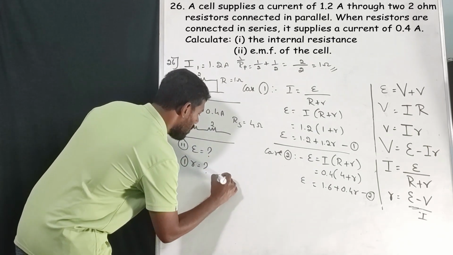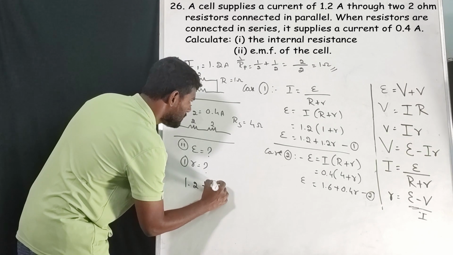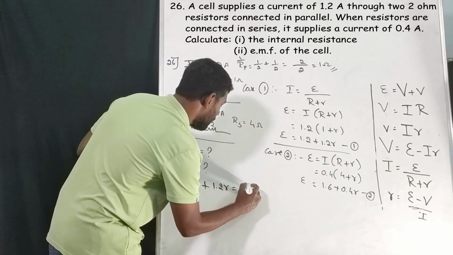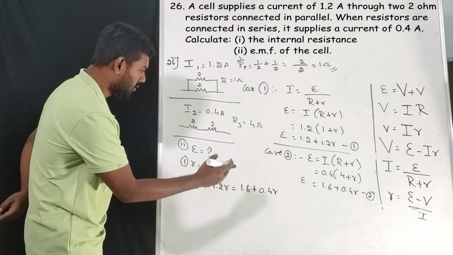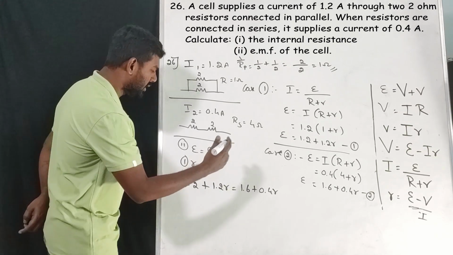Then 1.2 plus 1.2 r is equal to 1.6 plus 0.4 r. Now send r to one side and the numbers to the other side.